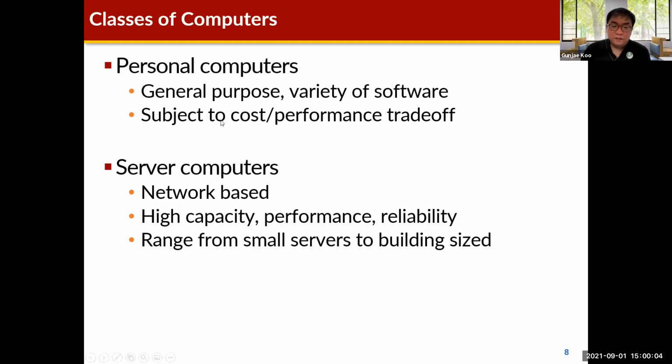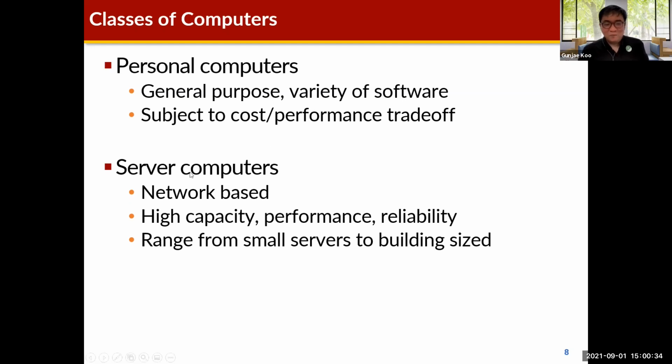This personal computer design focuses on the cost-performance trade-off. PCs need to guarantee a certain level of performance, because if we purchase a new computer system, we want a better, faster computer. Also, cost, money, is important.